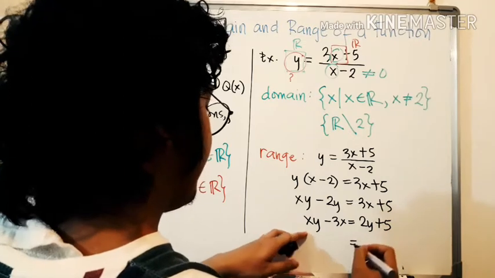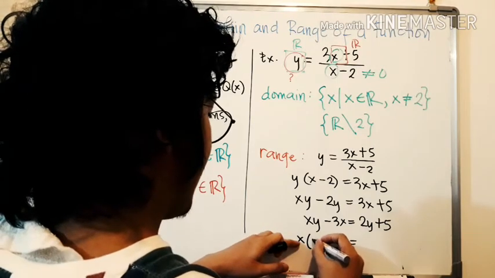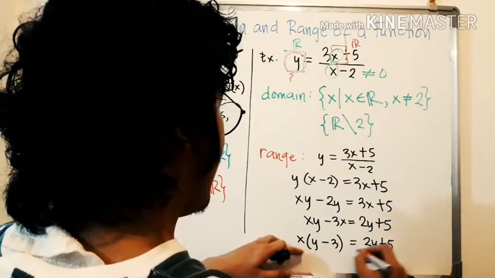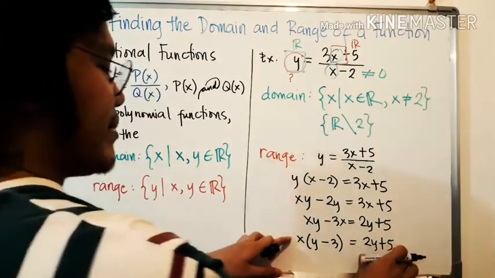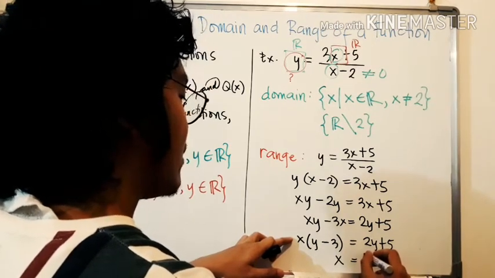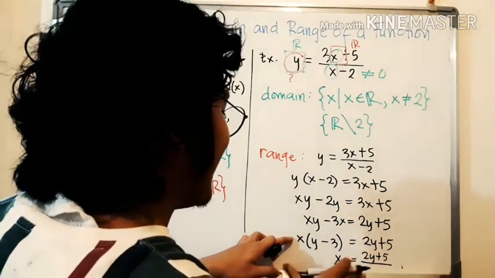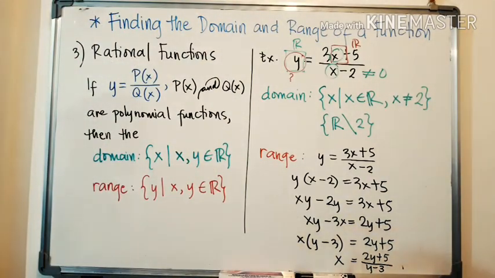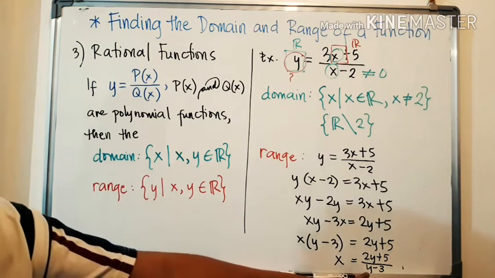Okay, and then extract natin si x, or factor out, so we have x times y minus 3 equals 2y plus 5, and then multiply both sides of the equation by 1 over y minus 3 to get rid of y minus 3 here, so this becomes x is equal to 2y plus 5 over y minus 3. Okay, sorry. So we solve x in terms of y.